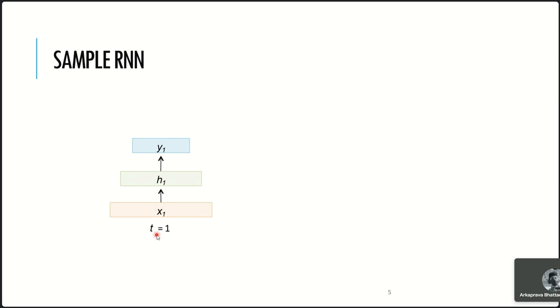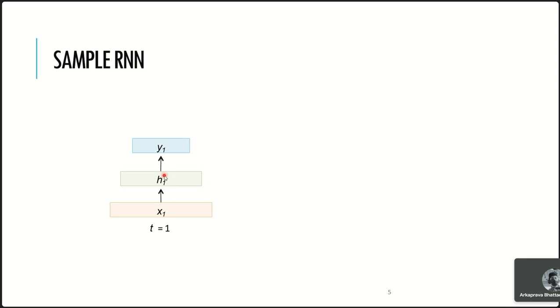Here, T indicates a timestamp or a time instant. When T is equal to 1, the input going into the unit is called X1. On X1 we apply some function, we give some weights, some processing happens, and then it goes to H1.